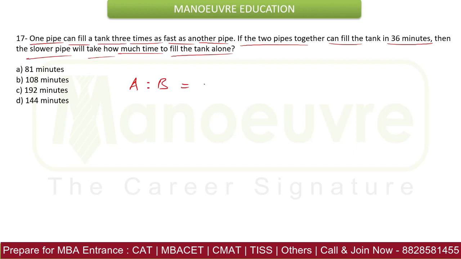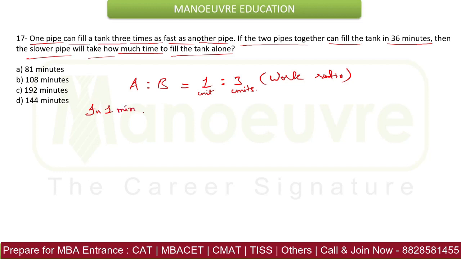One is 3 times faster as compared to others, so say 1:3, that is the work ratio. Now say if A completes 1 unit, B completes 3 units in a particular amount of time, say in 1 minute.